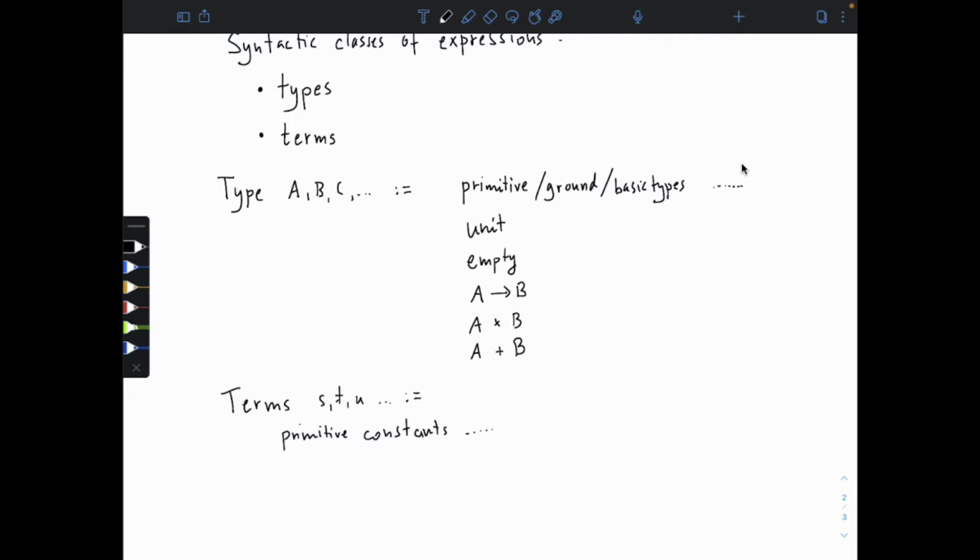For instance, if we throw in the natural numbers and the booleans here, then we might throw in the primitive constants 0, successor, false, and true. Then you go down these types and you look at how you will make terms of each type. Oh, also variables, X, Y, Z, some collection of variables.